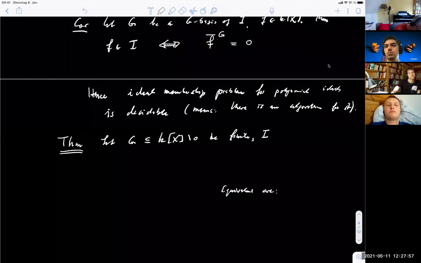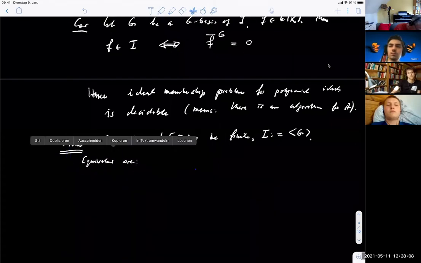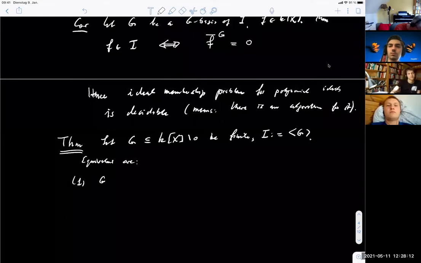Let I be the ideal generated by G. I hope it's clear. This means the ideal generated by G. And equivalent. One: G is a Gröbner basis of the ideal I.